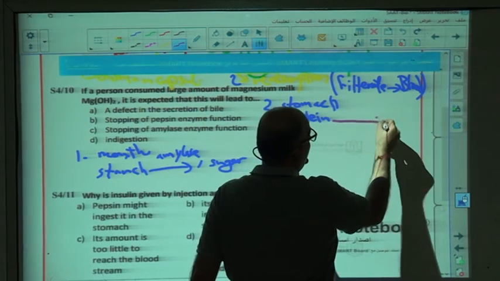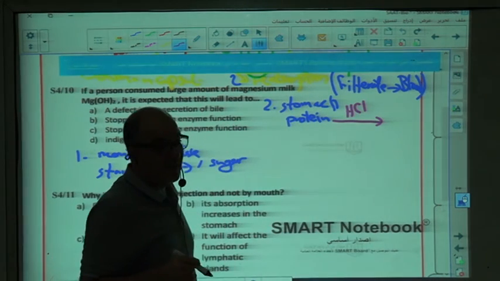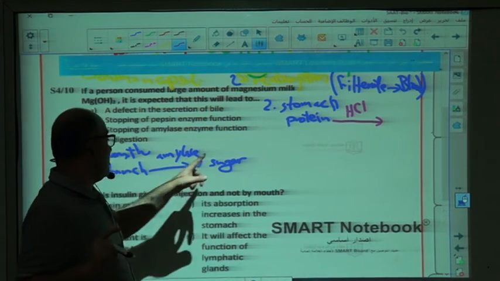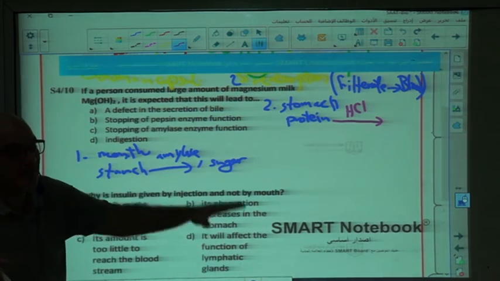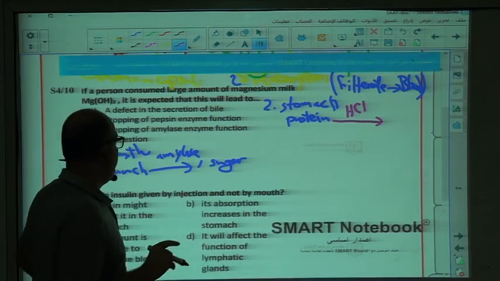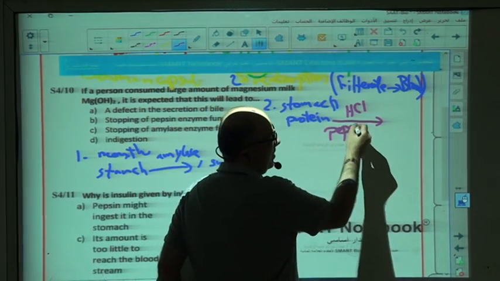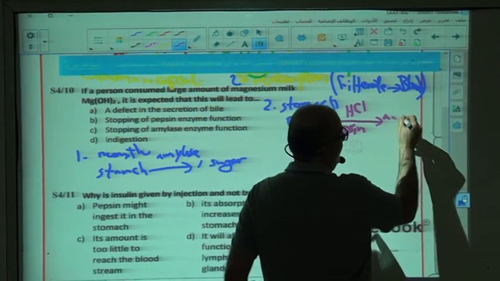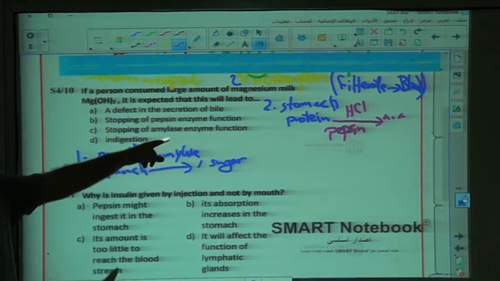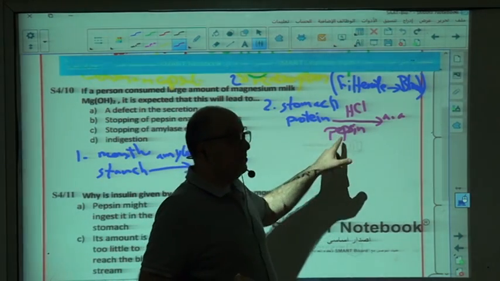The stomach digests the protein with the presence of hydrochloric acid, which converts the medium inside the stomach to acidic. And this causes the amylase to stop the digestion of starch. And pepsin produces amino acids. So guys, the only enzyme that works in acidic condition is pepsin.